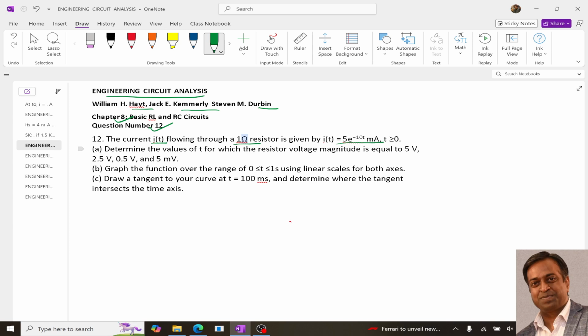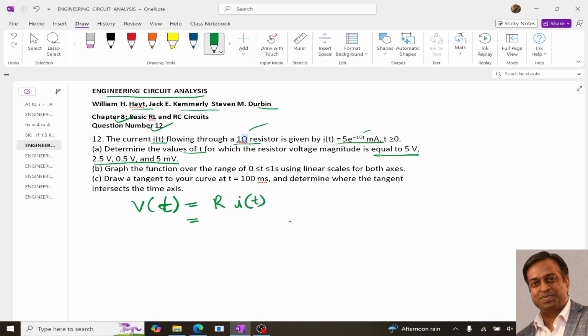And now we need to determine the value of t for which the resistor voltage magnitude is equal to 5 volt, 2.5 volt, 0.5 volt and 5 millivolt. Since the resistance and the current are given, we simply determine it using Ohm's law: V is equal to IR. So v(t) will be equal to R times i(t).